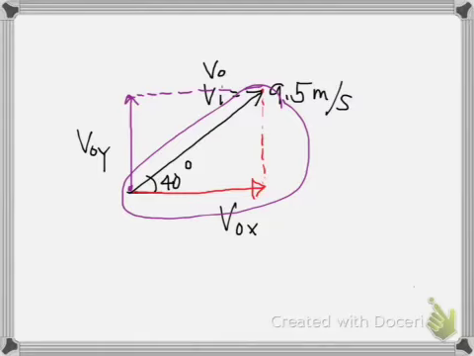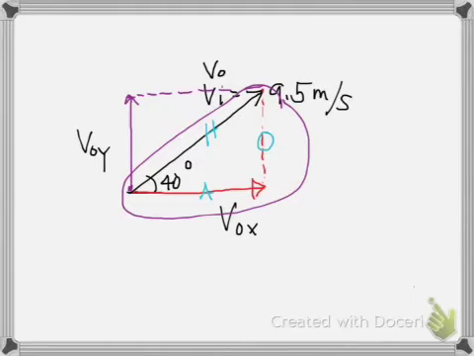This serves as our hypotenuse, which is the value of 9.5. This becomes our adjacent side, which means it's close to and located at the 40-degree angle, and this serves as our opposite side.